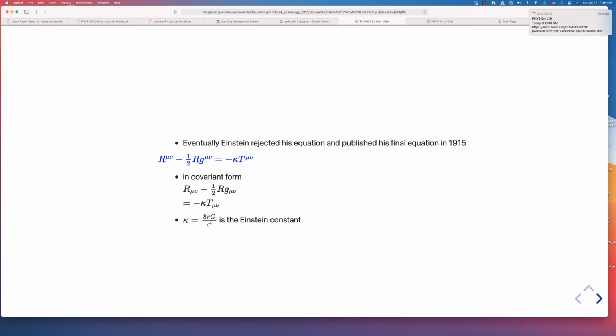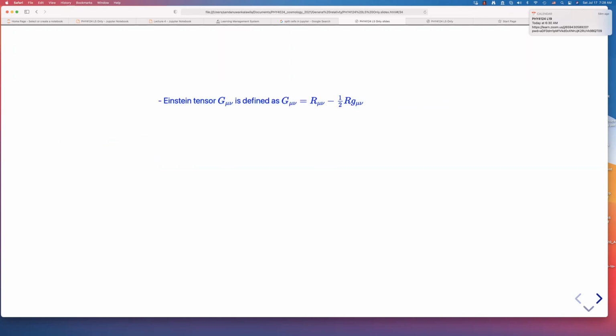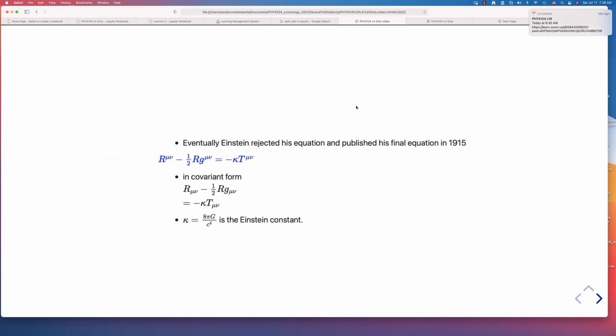And then actually, to make it more compact and understand and remember it easier, we define another component called the Einstein tensor, which is capital G mu nu, and that is defined as R mu nu minus half R g mu nu. And this is actually the left-hand side of this equation, right?